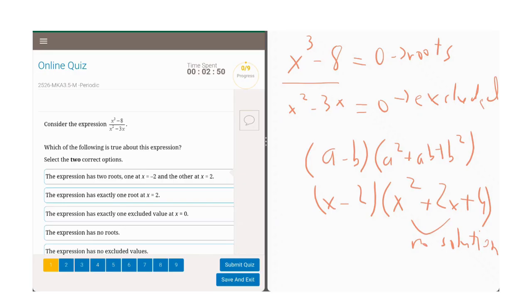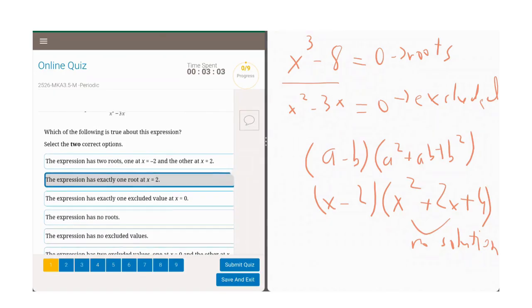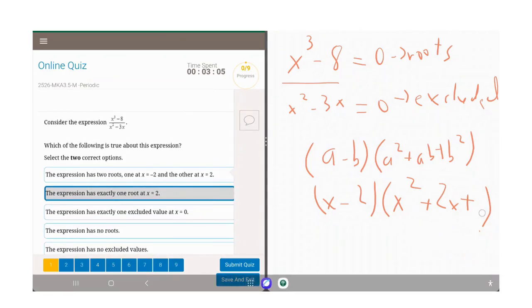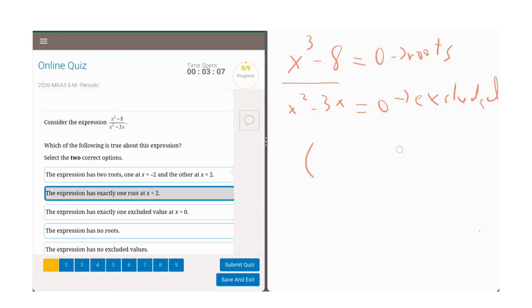So the roots of x can have only one root, so that means it'll be x equals 2. And then now we need to check how many excluded values it has, if it has any. So we can factor x squared minus 3x. If we make this equal to 0, then it'll be an excluded value.